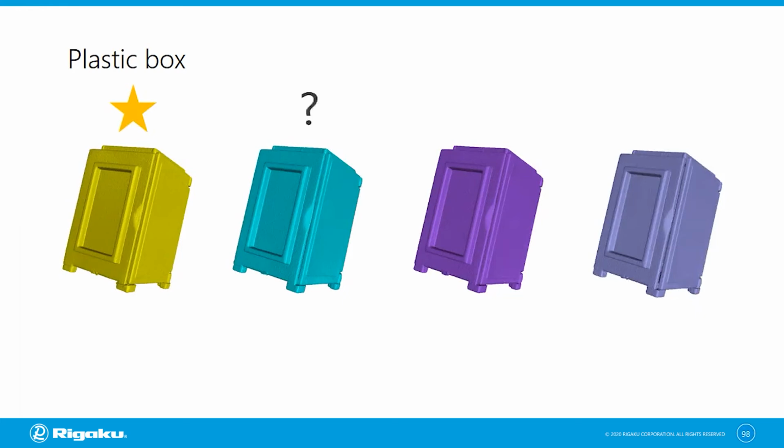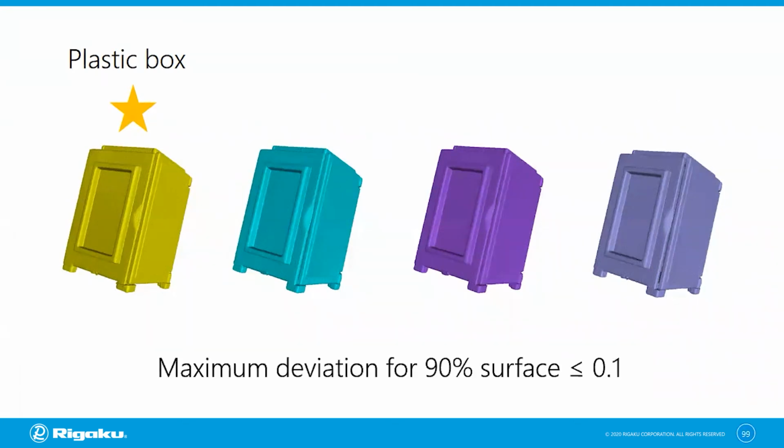But we're not sure if those boxes are good or bad. Instead of just measuring the width and height of those boxes to test them, you can say something like the maximum deviation for 90% of the entire surface needs to be within 0.1, and compare the entire surface. If you do it that way, this box fails the test.